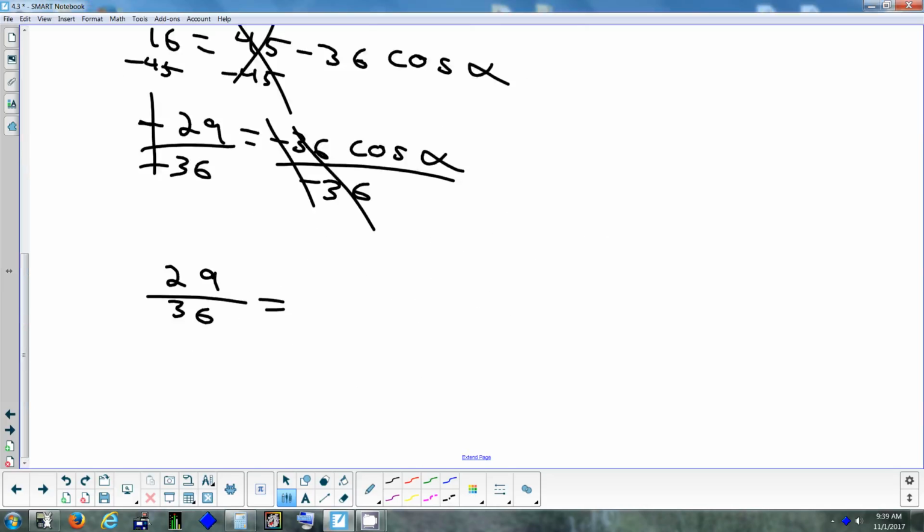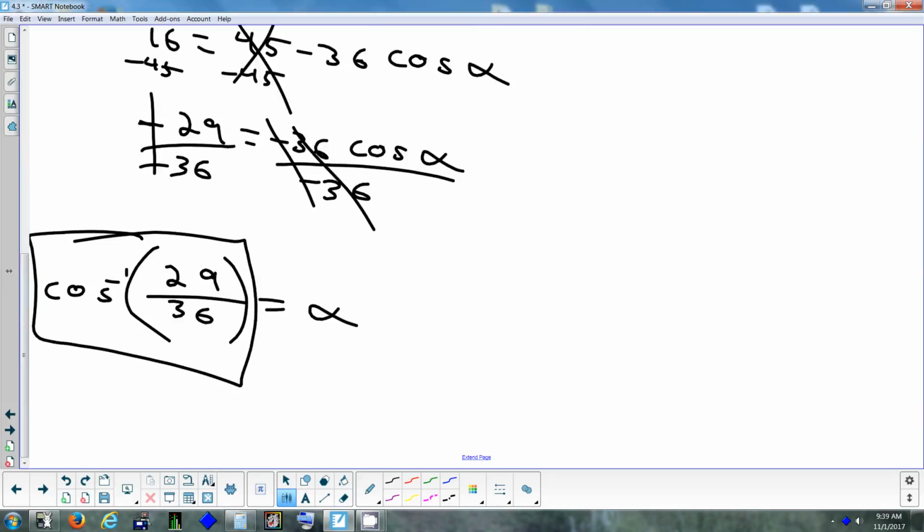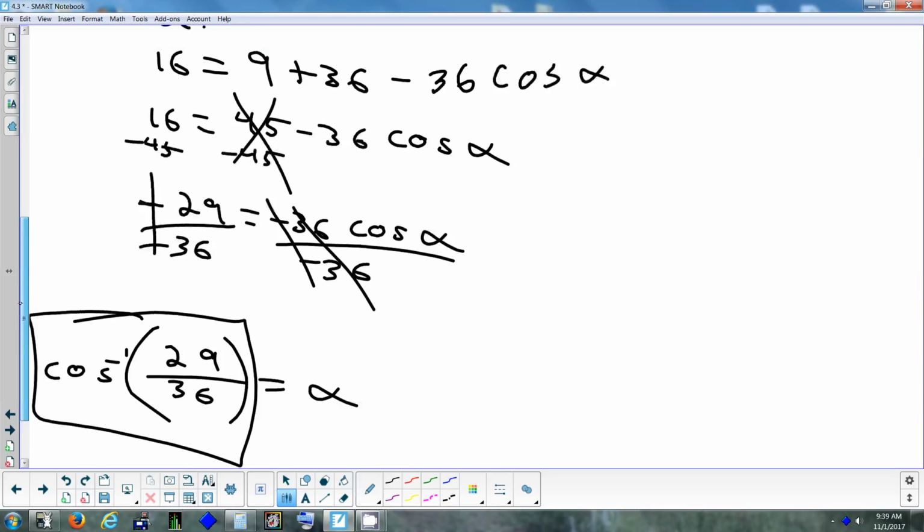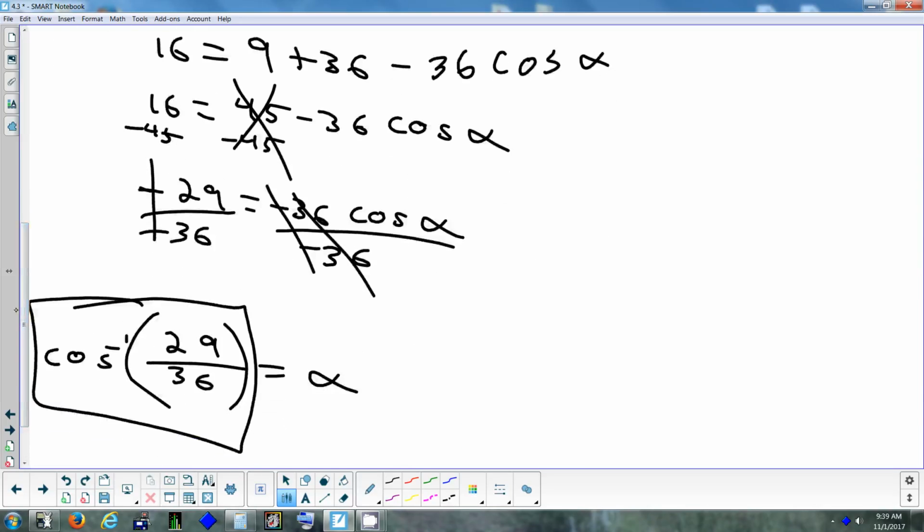Take the inverse of cosine. Yep, I'm going to take the inverse cosine and type that in. So really, you can shorten this up to basically four steps.